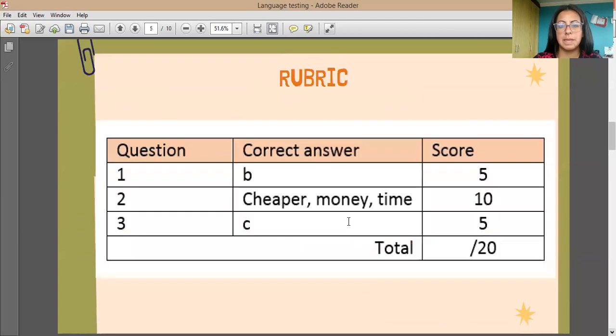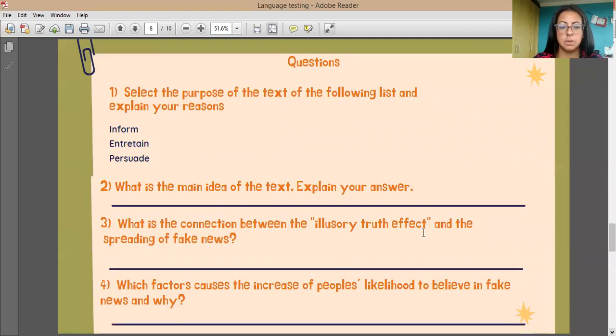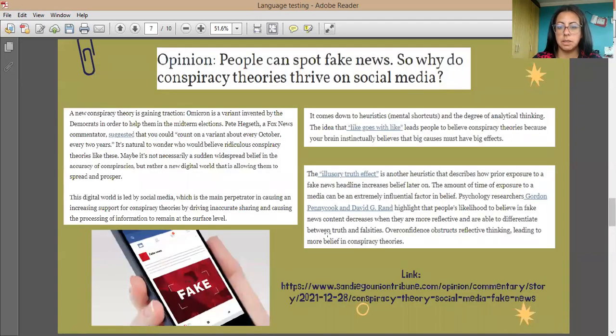So this is explained here in the text. It explains what the illusory truth effect is and what the relation is between this and the spreading of fake news. And the final question, which factors cause the increase of people's likelihood to believe in fake news and why? So this is explained also here in the last paragraph.